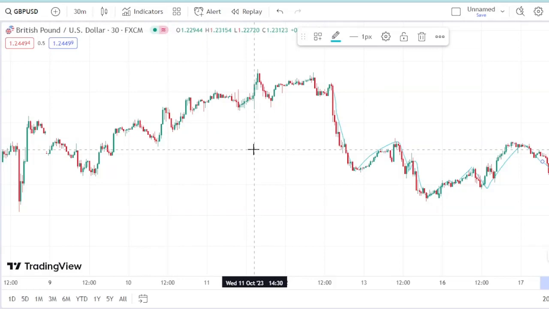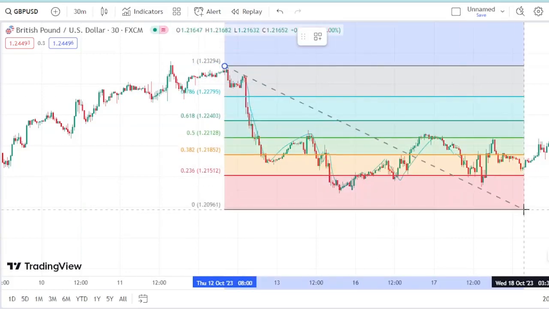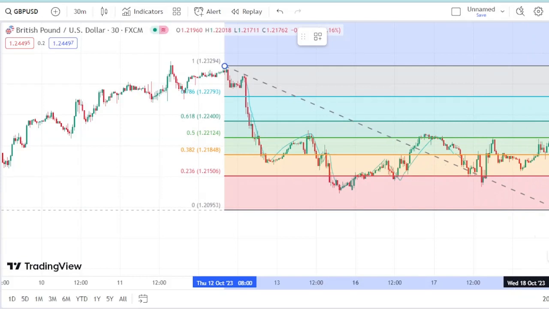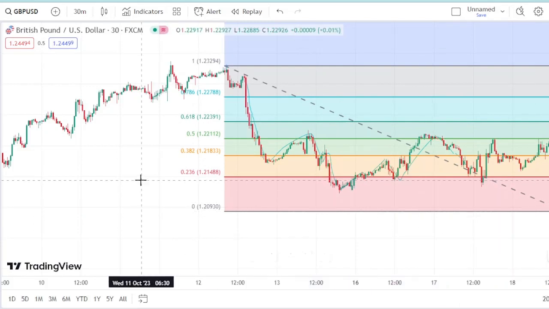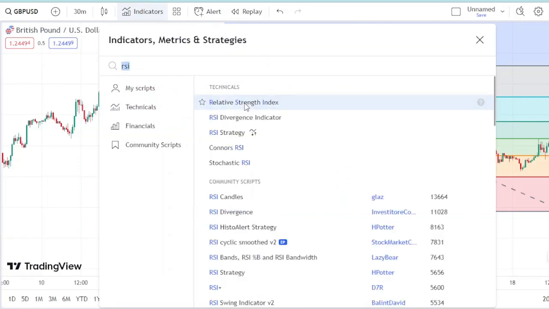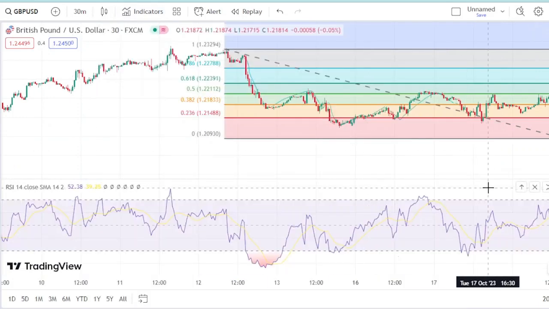So when it comes to this, I would just put the Fibonacci extension, the Fibonacci retracement, and also put in the RSI, just so that I can look for sells.